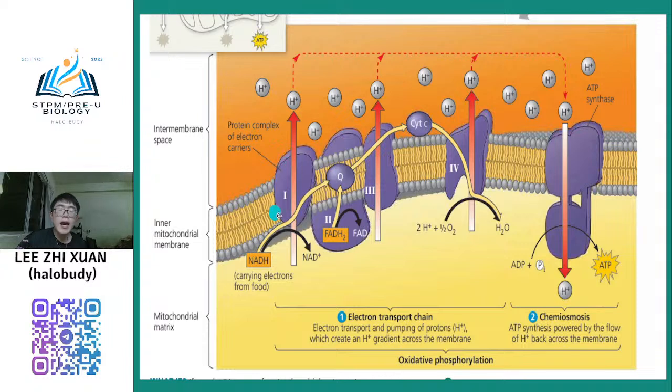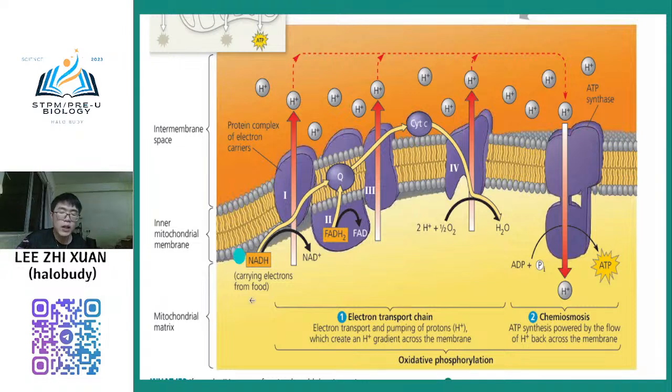Okay, so the oxidation and reduction reactions occur within the protein complexes. Apa itu yang occur, nanti we will tengok. But now I just want to say, when the oxidation and reduction reactions occur within the complex, this will create the electrochemical gradient.